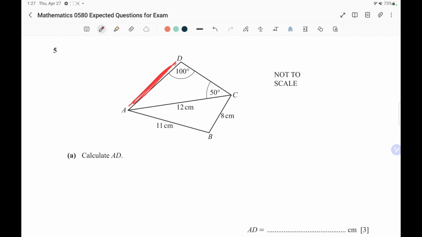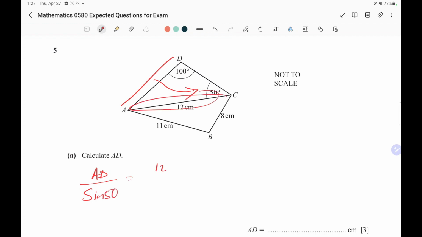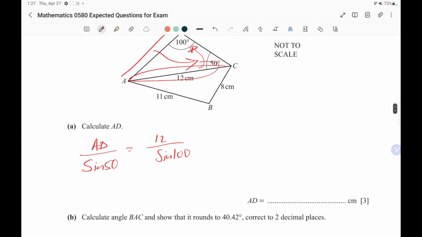So yeah, we can apply sine rule here. If we apply sine rule, then according to the sine rule we can write AD, this length, over sine of angle, equals this length, which is 12, over opposite angle, which is 100, so sine of 100.